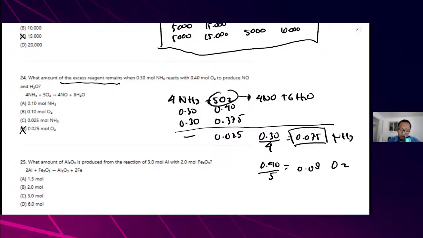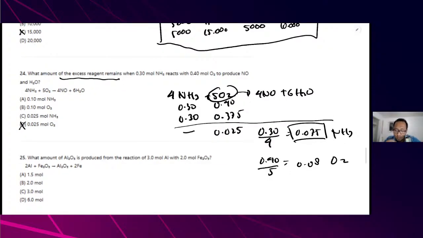Yes, it should be O3. Sorry. What is the amount produced from the reaction of this one and this one? So 3 mol aluminum is 3, Fe2O3, Al2O3 to Fe.